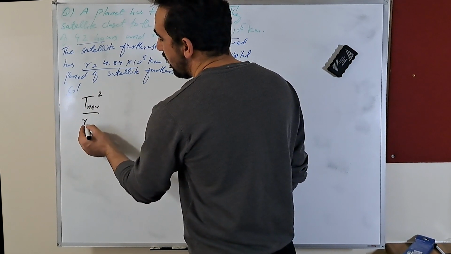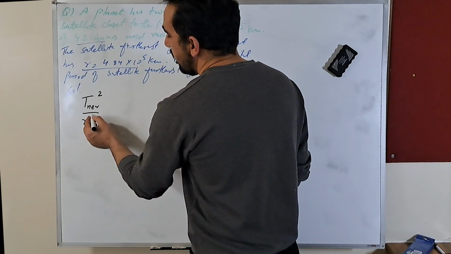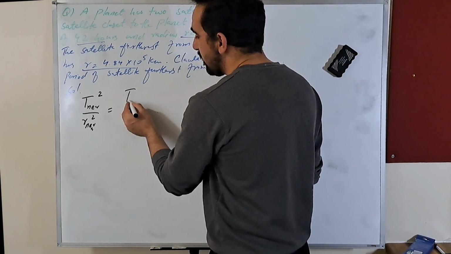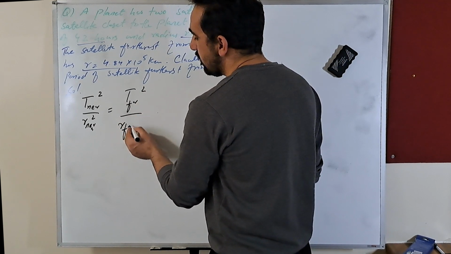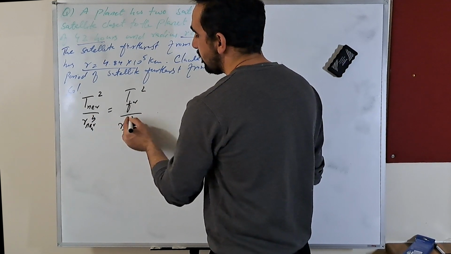Time period for the near satellite squared divided by r of the near satellite cubed is equal to time period for the far satellite squared divided by r of the far satellite cubed.